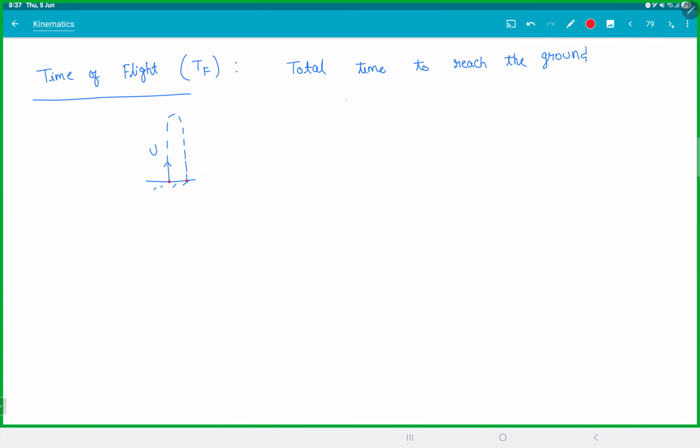So we use the equation s is ut plus half at square. Your displacement is 0 since it's back to the same point. This is u, t, gravity is minus g, and this will be time of flight square. We get time of flight is 2u by g.